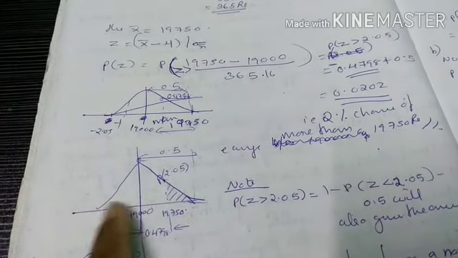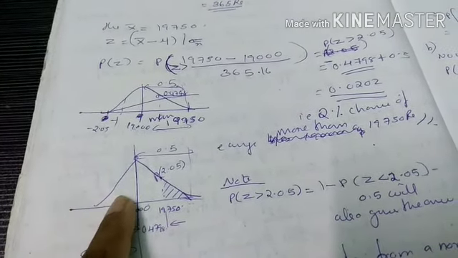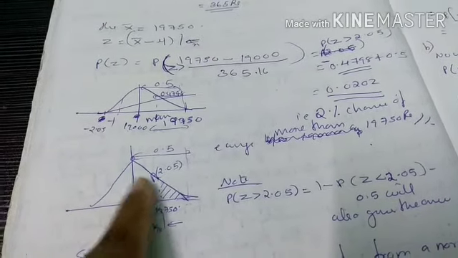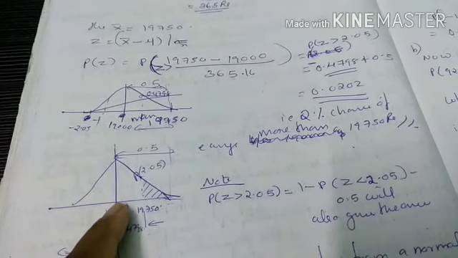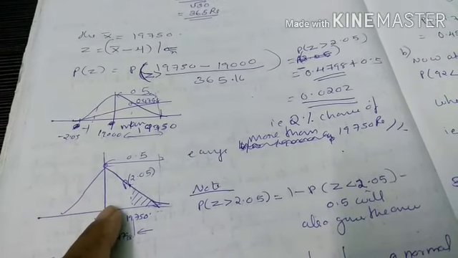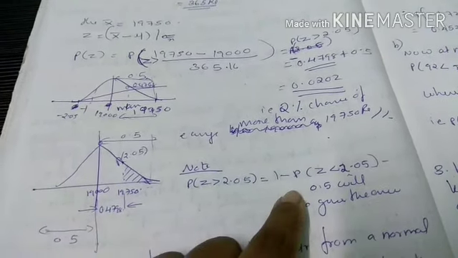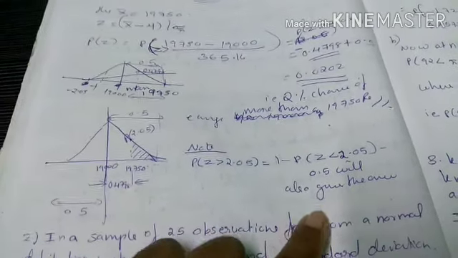This region has a probability of 0.5, so this region has a probability of 0.4798. So we will get the answer as 0.0202.